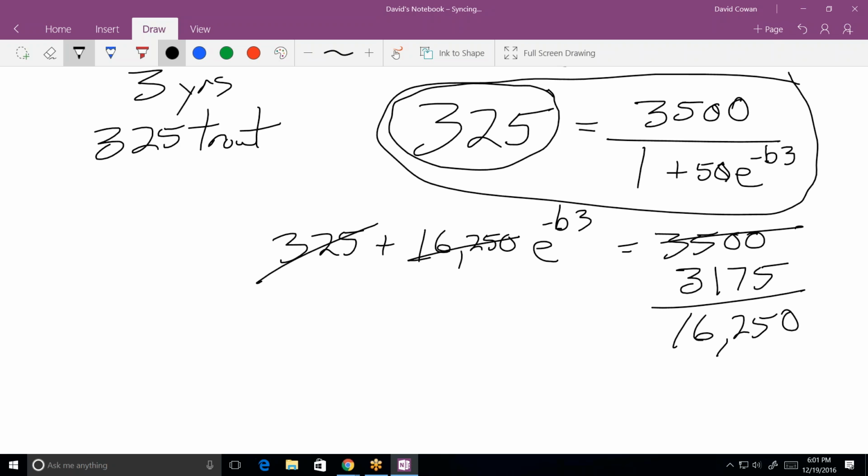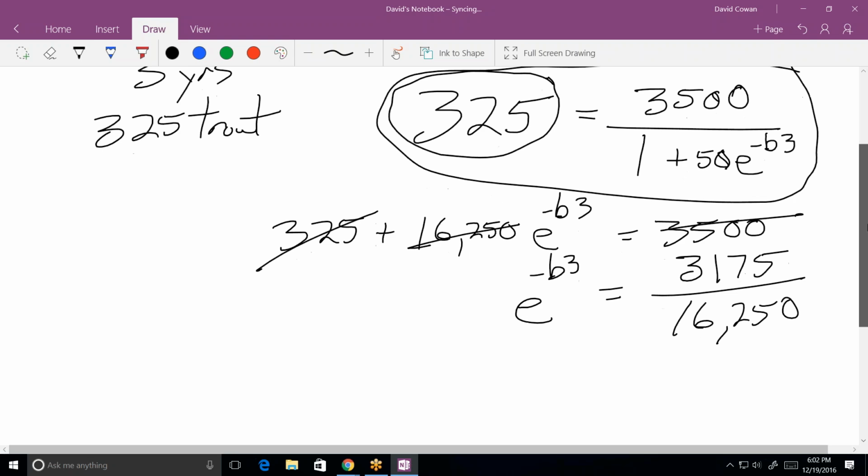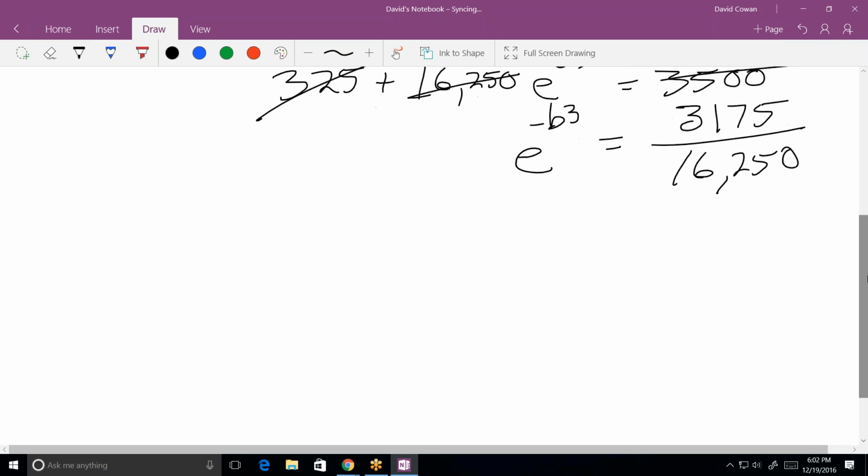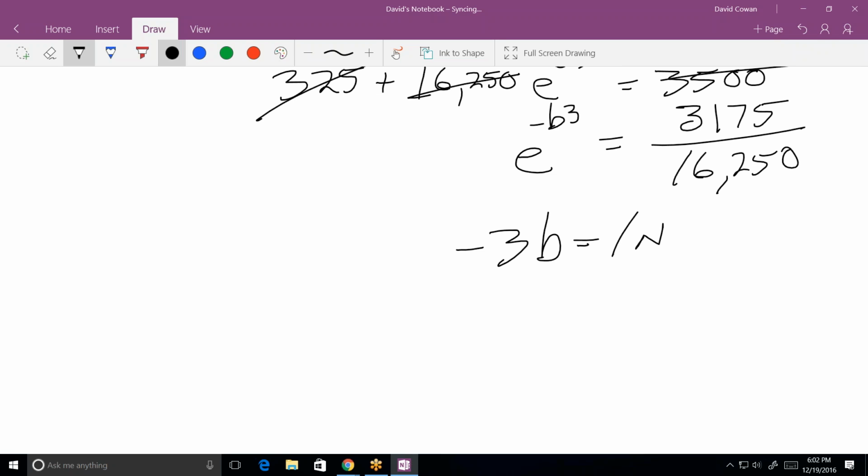And now I have e to the minus b times 3 equals that ratio. Now what? Take the natural log of both sides. Which gives me minus 3b equals the natural log of this number. And then divide by negative 3.